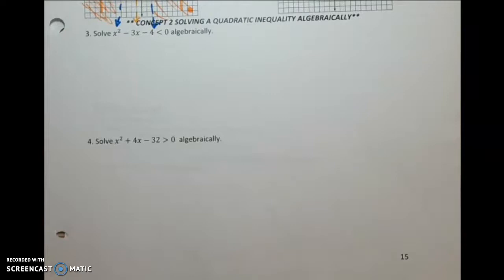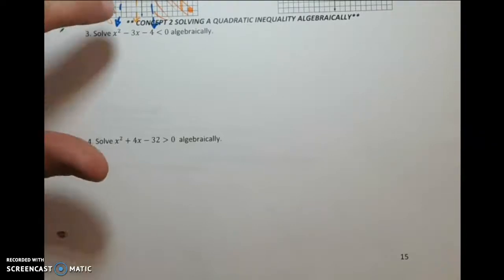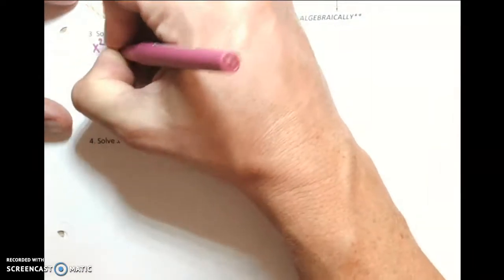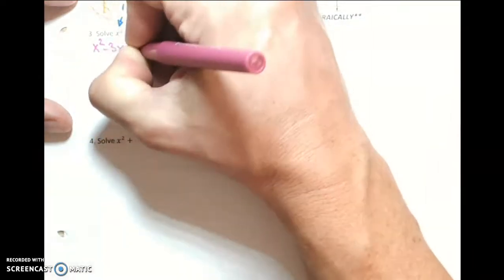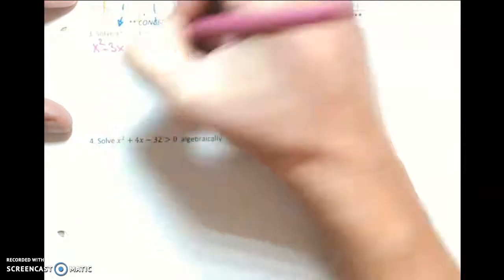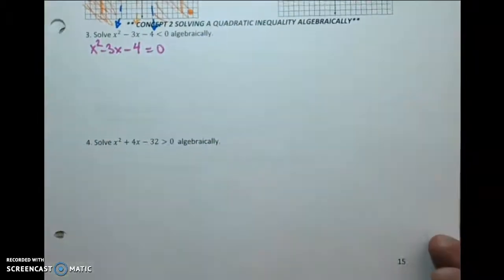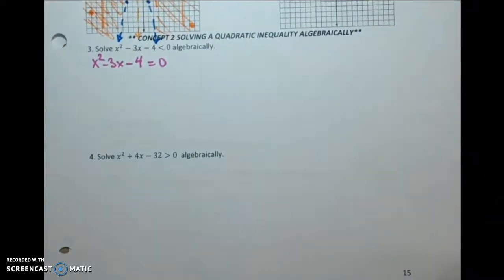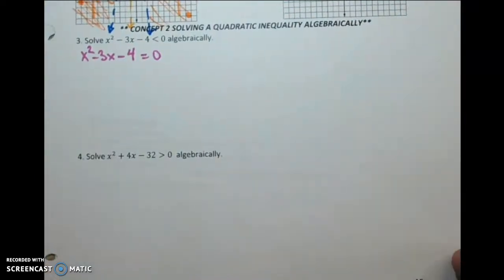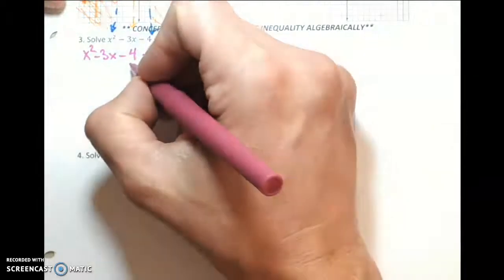All right. So what I'm going to do is take my inequality and make it an equal sign. So I get x squared minus 3x minus 4 equals 0. And now what I'm going to do is just solve for x. All right, so in this case, I can see it's factorable.